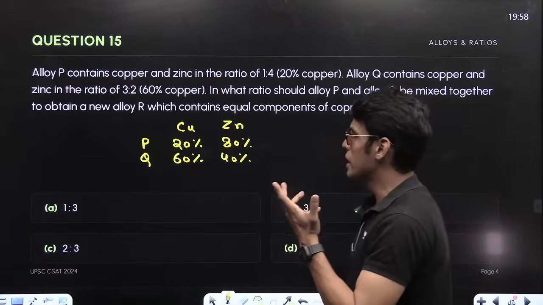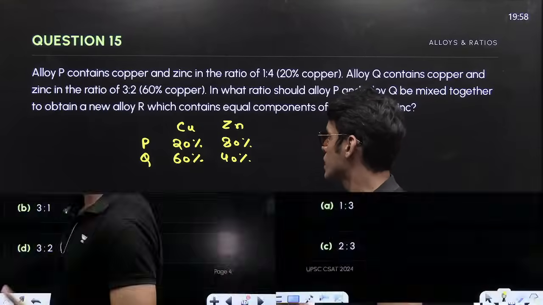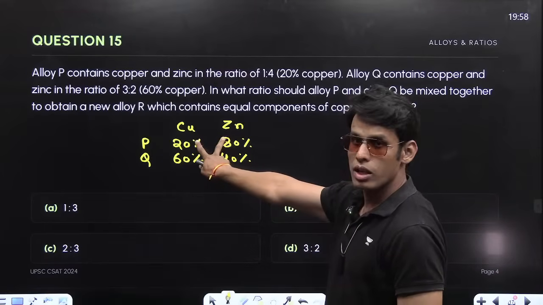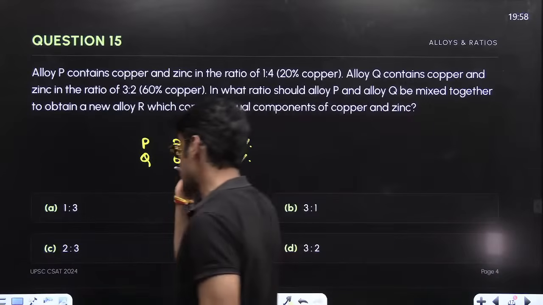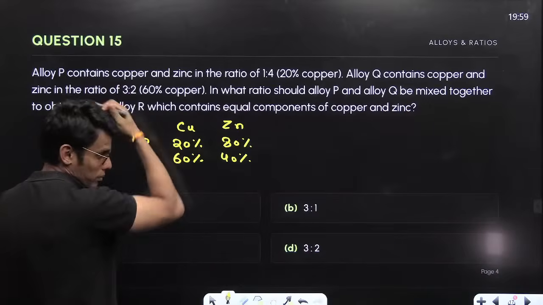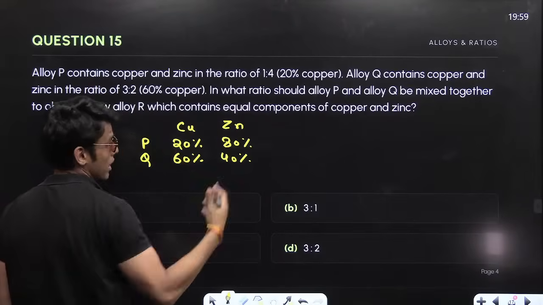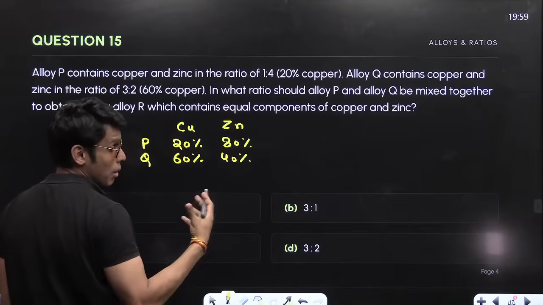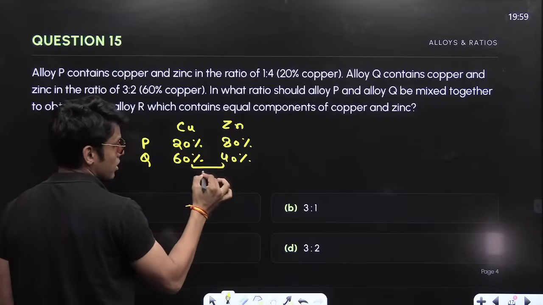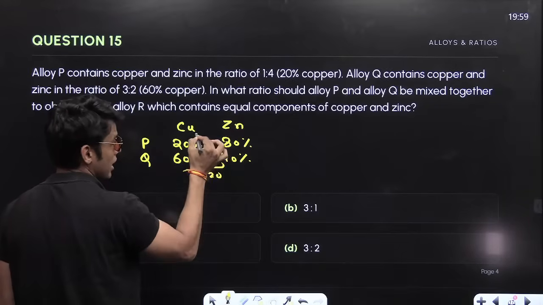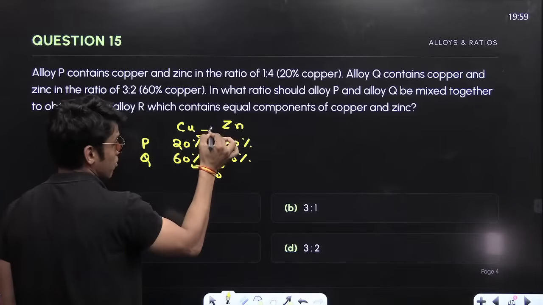See, basically, we can see that here the difference is very large between copper and zinc. How I did it is somewhat like what I call number sense, right? The difference here is plus 20, and here the difference is minus 60.